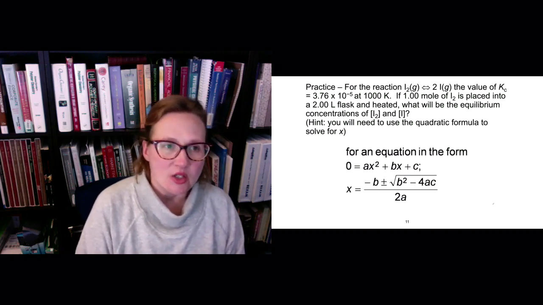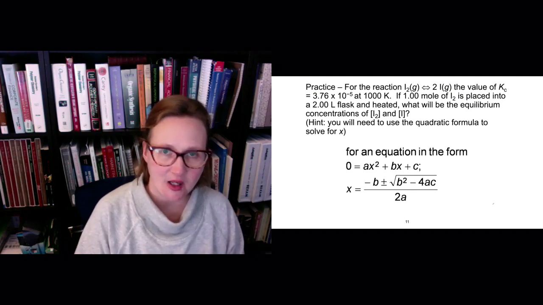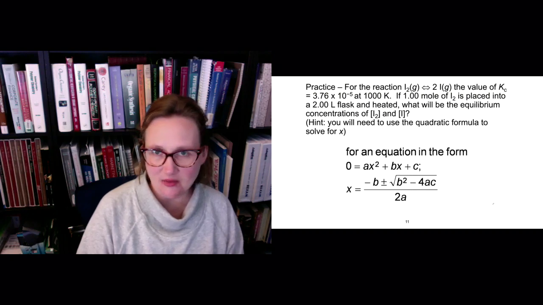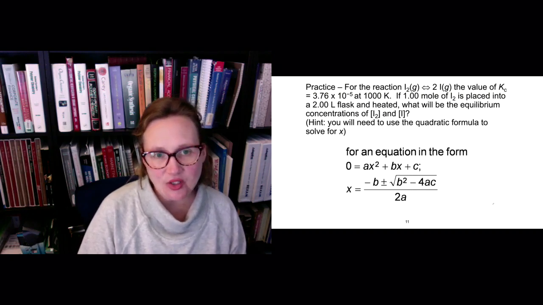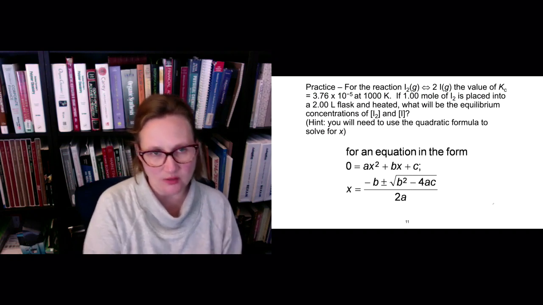Okay, so now we're going to return to the quadratic equation. Remember we had that minus x and the positive 2x. There are some times when you have to solve for x using the quadratic equation.